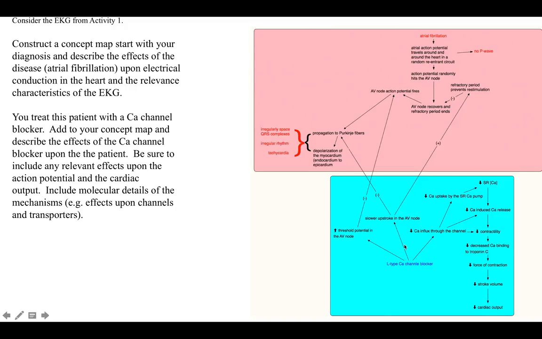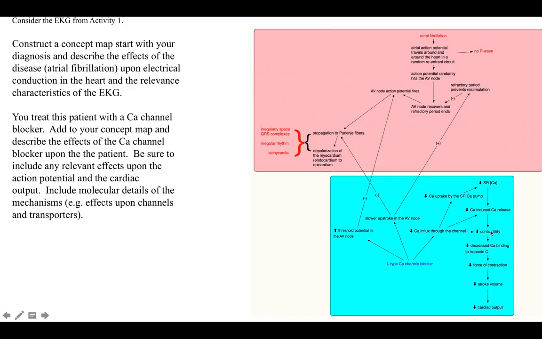Okay. Don't forget that blockade of L-type calcium channels will actually cause your cardiac output to fall as well. So this is a side effect. Decreased calcium influx through the channel. First of all, that brings less calcium into the cell, so you get less contraction, less binding to troponin C. You also get less calcium to be taken up into the SR, and that combined with less trigger calcium being brought in through the L-type calcium channel reduces calcium-induced calcium release.